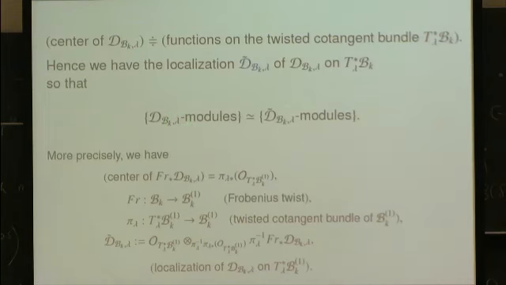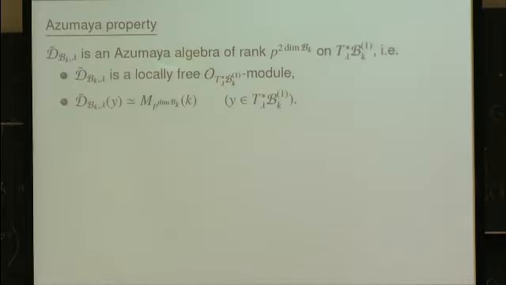So we need to know about D tilde. And we have the following Azumaya property. D tilde is an Azumaya algebra of rank p to the twice dimension of B_K on the twisted cotangent bundle.